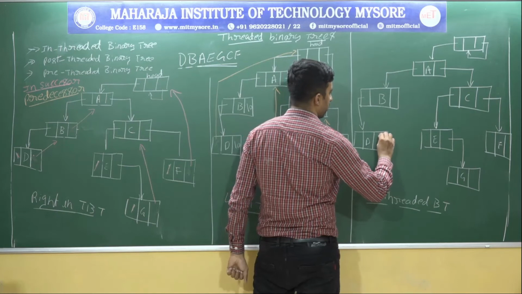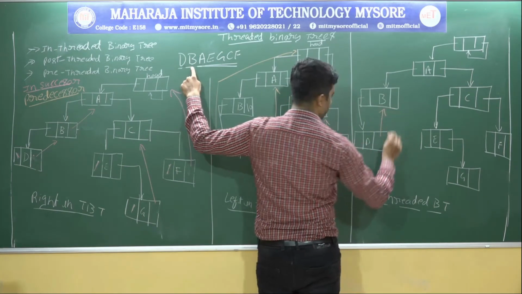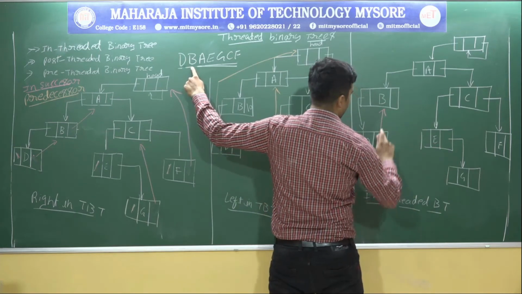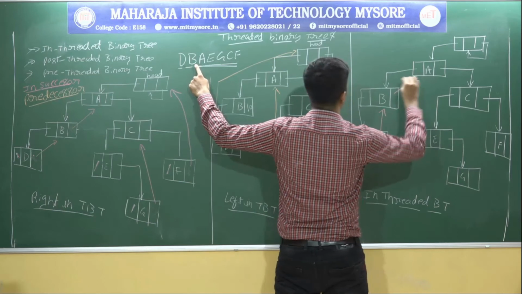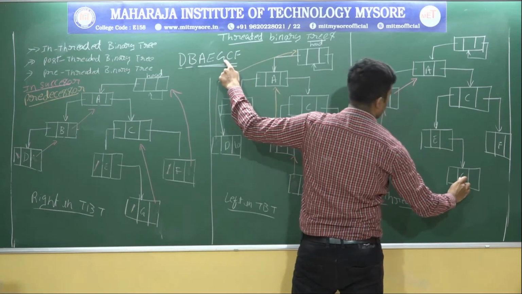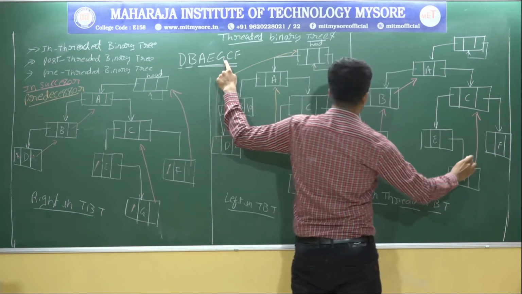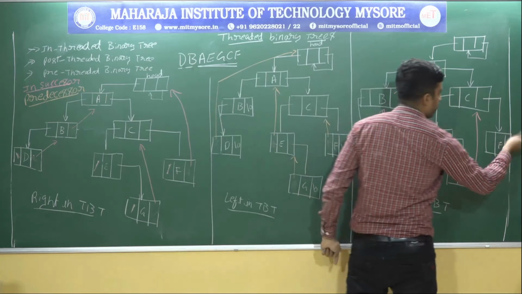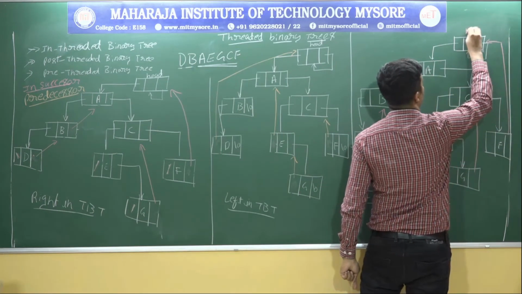Right side, after D, who comes? B. Mark it over here. Next, where the right node is empty, check B. After B, who comes? A. Next, where the right node is free, check G. After G, who comes? C. Next, F. After F, who comes? That is the end of it. It is marked to the head node. This is the head node.